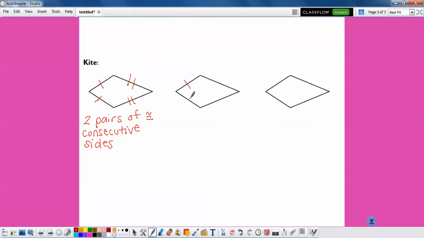In between those sides, this angle here and this angle here, they will be congruent. So one pair of congruent opposite angles.